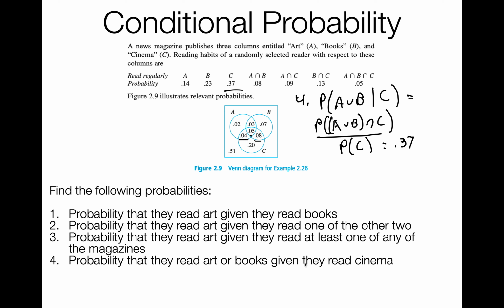And so then 0.04 plus 0.05 is 0.09, plus 0.08 is 0.17. So then that's 0.17 divided by 0.37, and the final answer there is 0.459. Okay, so I know that was a lot, and that took us a little while, but hopefully that gives you an idea of what I expect we're going to do with these conditional probability problems.